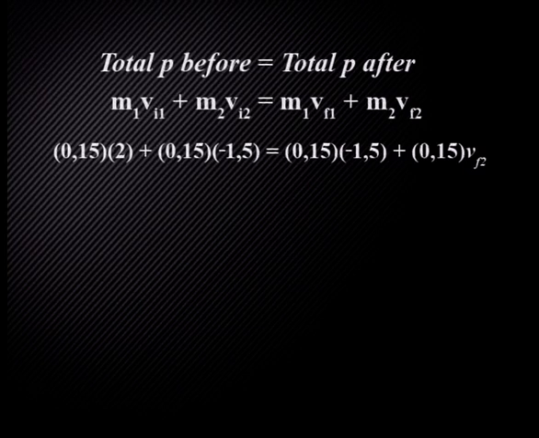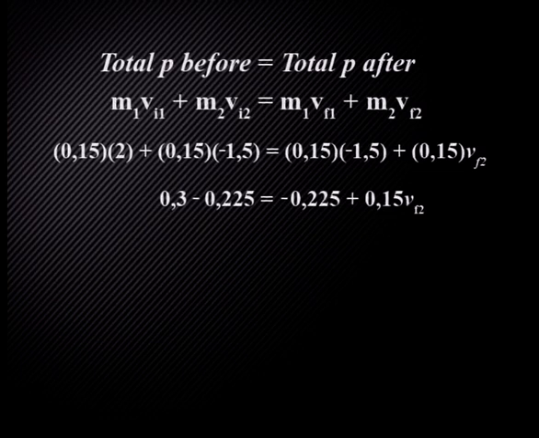So 0.15 times 2 plus 0.15 times negative 1.5 is equal to 0.15 times negative 1.5 plus 0.15 times the final velocity of ball 2. This gives us 0.3 minus 0.225 equal to negative 0.225 plus 0.15 times ball 2's final velocity.